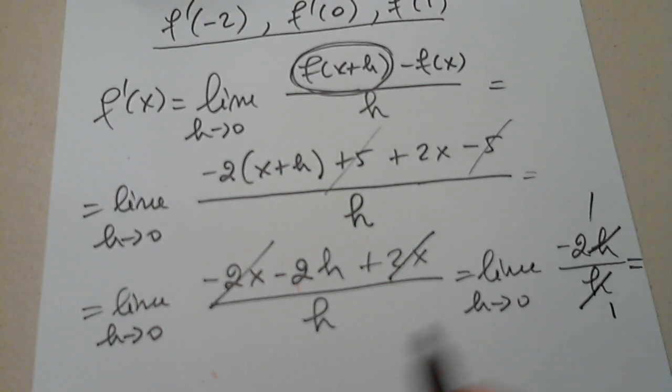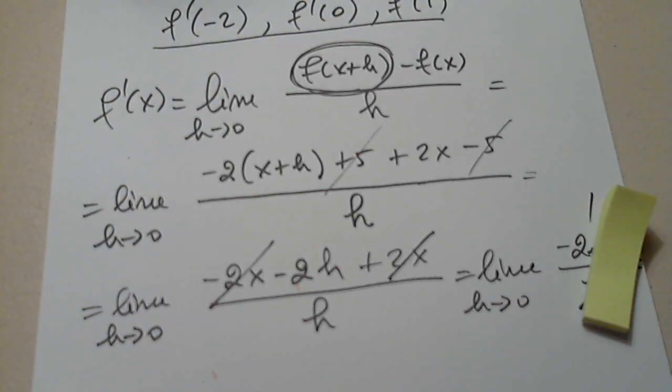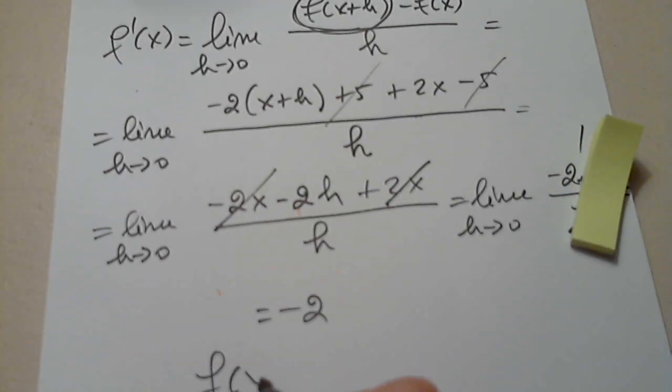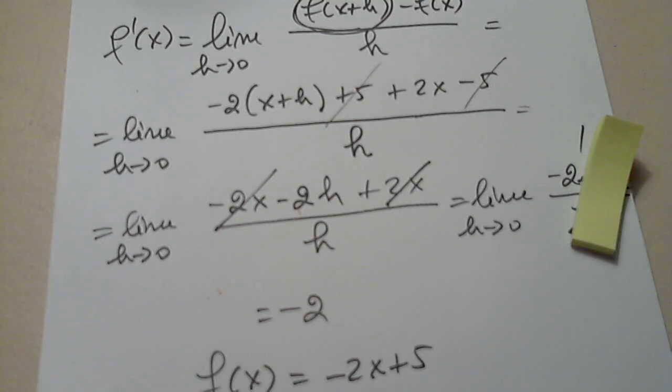So the limit is, can anyone identify the limit for us? What is the final answer? Negative 2. That's it. So for f of x equals negative 2x plus 5, can anyone tell us again how much is f prime? We just determined it. For the function negative 2x plus 5, f prime is?